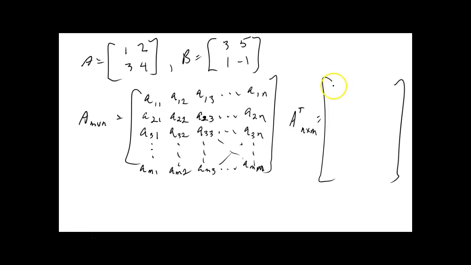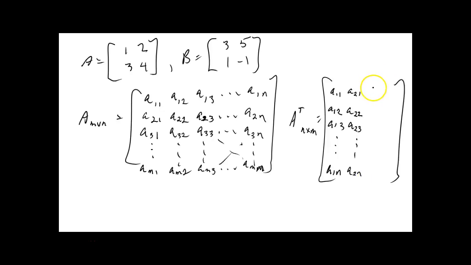So whereas this was a row here, that becomes a column. A11, A12, A13, that first row becomes the first column, dot, dot, dot, down to A sub 1N. Then the next: A21, A22, A23, dot, dot, dot, A2N.